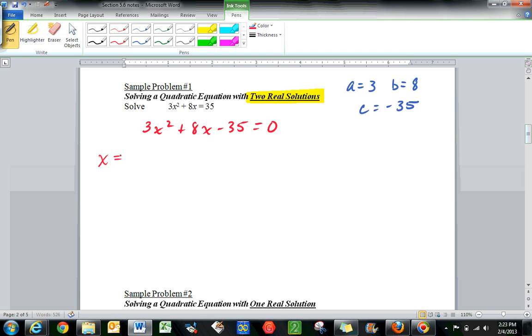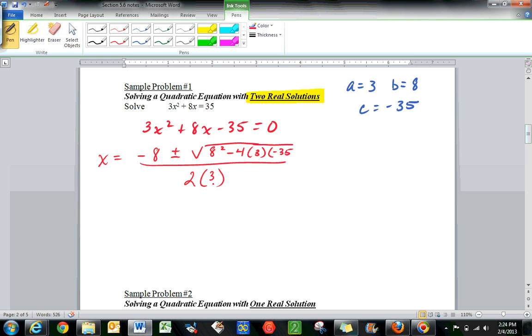So let's take a look. I have x equals negative b plus or minus the square root of b squared minus 4 times a times c, and of course that square root extends across everything, and all of that is over 2 times a.